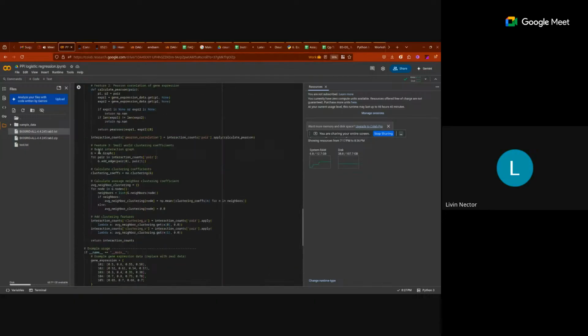So this one is like the pairs, right? So we use that as the edges. Yes. So we build that graph and then we use the clustering coefficients from this library, this NetworkX library.